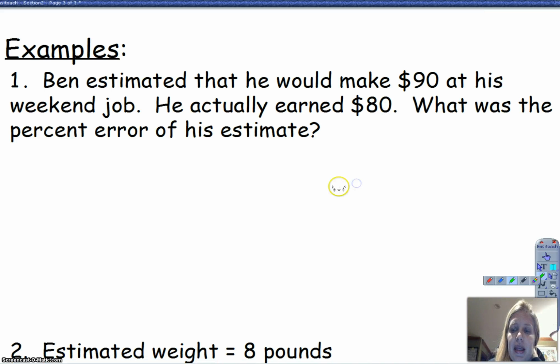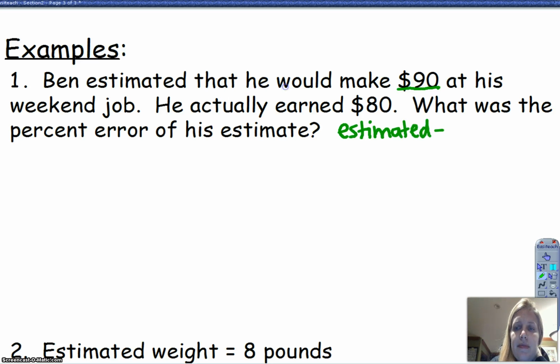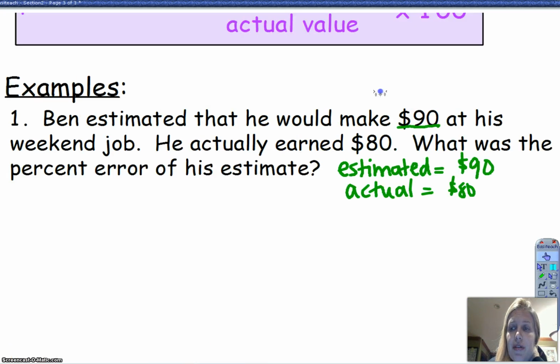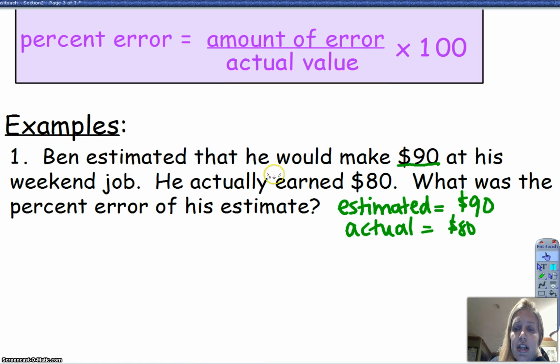Okay, example 1. Ben estimated that he would make $90. So that's our estimated. So you should write down estimated equals $90. But he actually earned, so let's write down actual, $80. What was the percent of error of his estimate? So now we're just going to follow that purple box, the amount of error. So you're going to subtract the 2 to find the amount of error. 90 minus 80, which we all know is 10, over what it actually is.